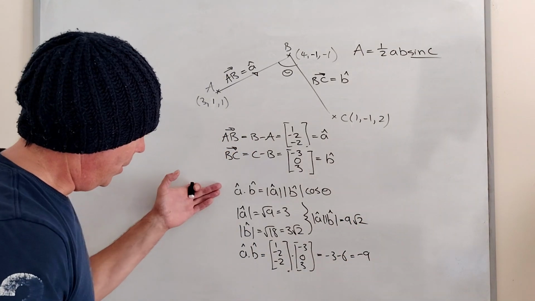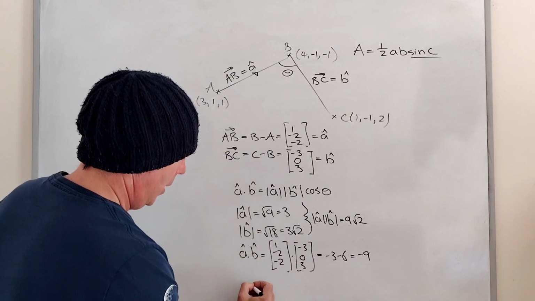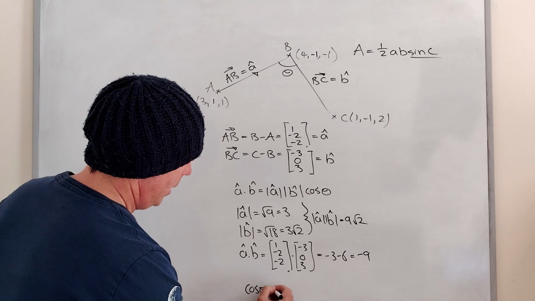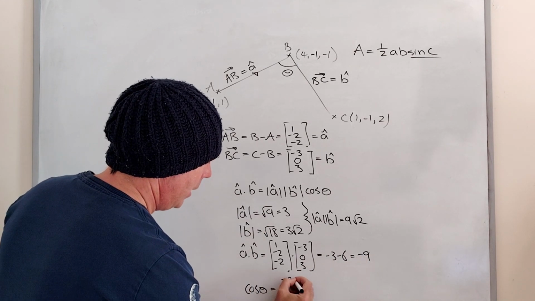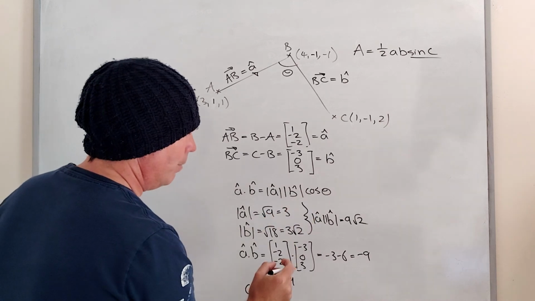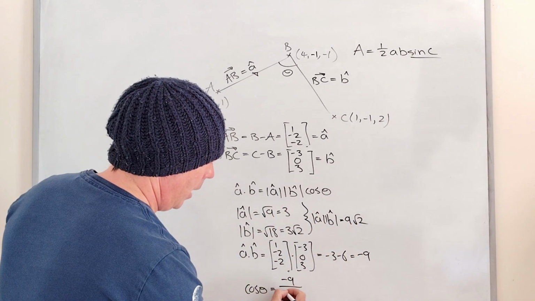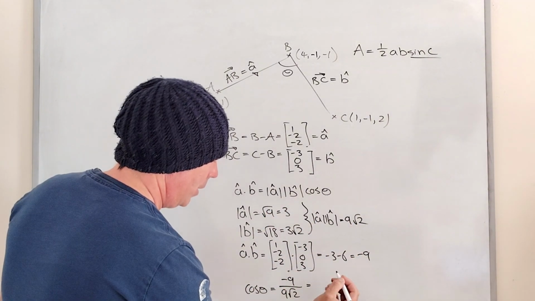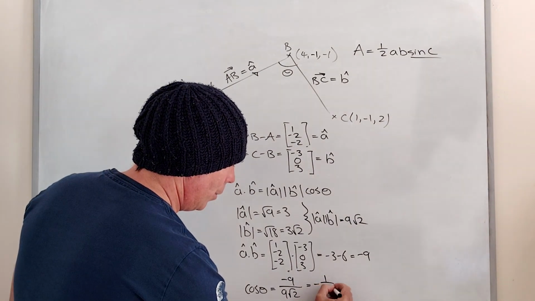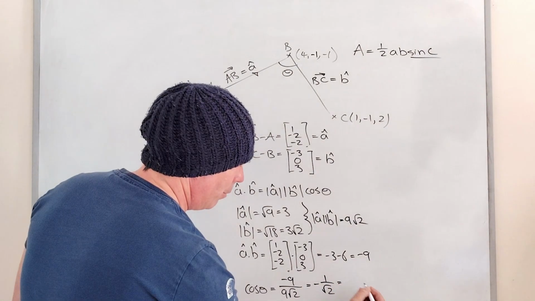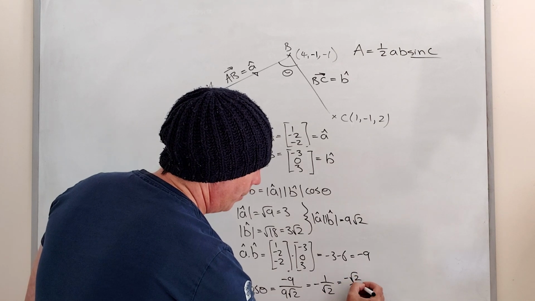Rearranging, cos theta is equal to a dot b, which is -9, divided by mod a mod b, which is 9√2, giving us a nice simplified -1/√2, or more favourably, -√2/2.